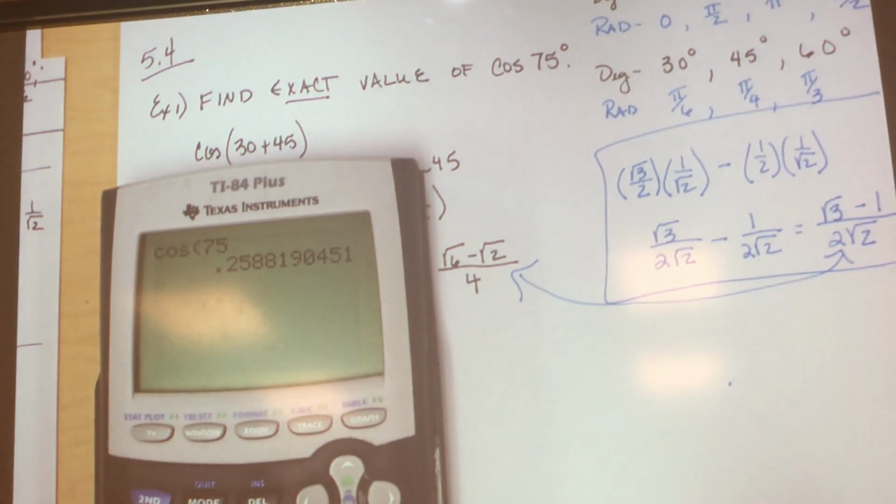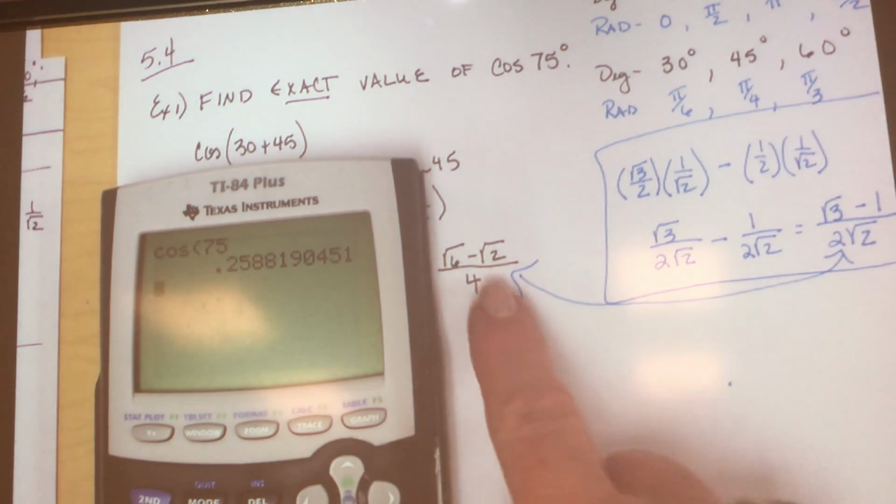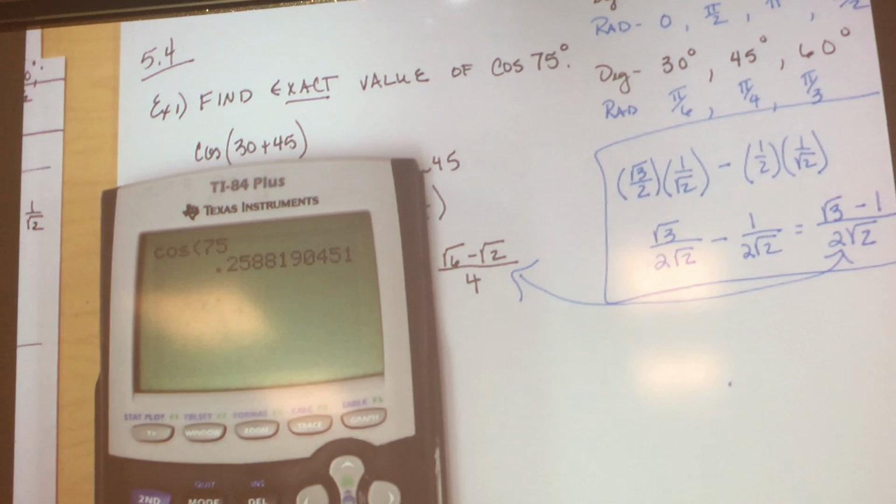So there it is, that big nasty decimal. Alright, and then I'm going to check this guy right here. I'm not going to put it in as a fraction. If you wanted to, you could do that and then go to math and it'll change it to a decimal for you.